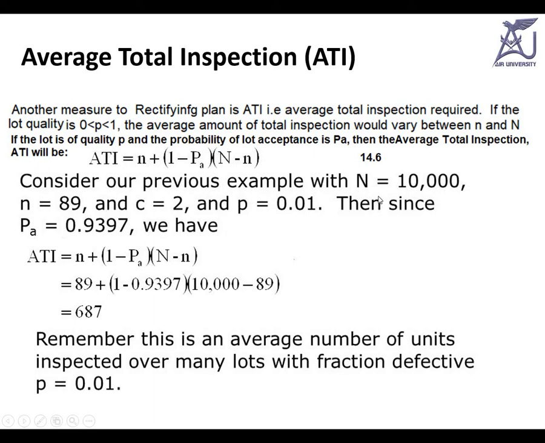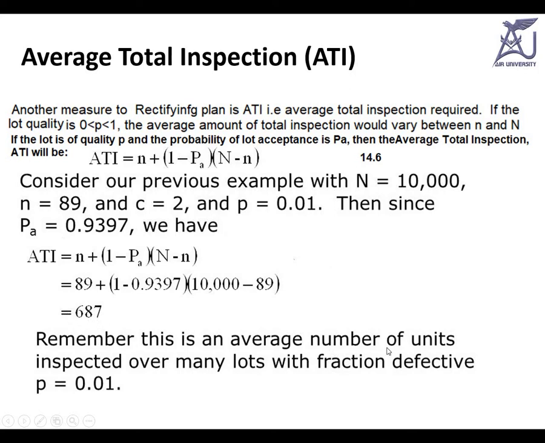For example, in the previous example we had capital N lot size equal to 10,000, sample size 89, and the cutoff point was 2 or less, and p is equal to 0.01, which we call the acceptable quality level. Then since PA is equal to 0.9397 as we did earlier, we can find out the ATI, with n equal to 89, and the ATI becomes 687.